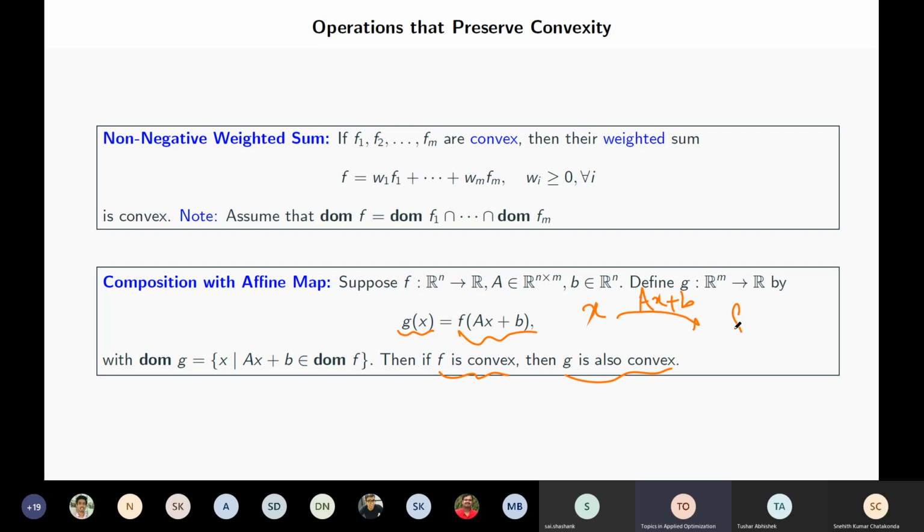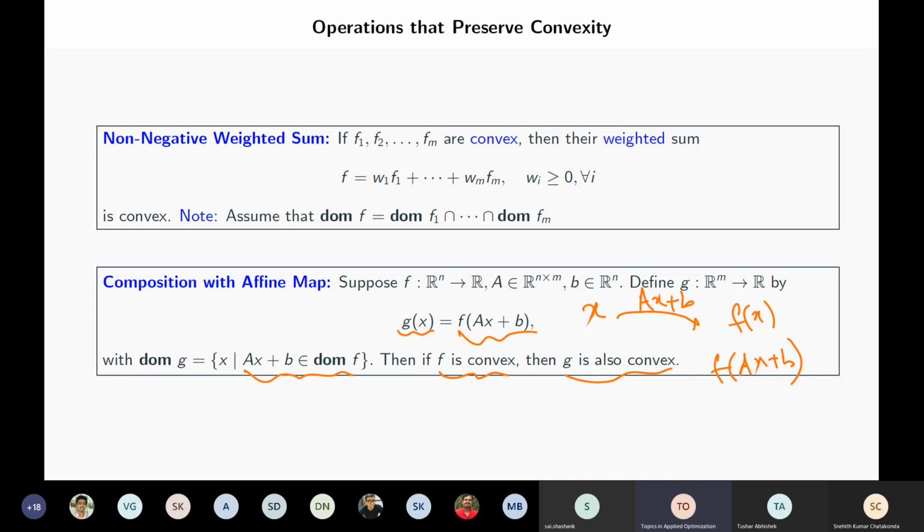If f(x) was convex, then f(Ax plus b) also remains convex. So affine transformations of the domain don't change the convexity of the function. And obviously, Ax plus b must be in the domain. It must be well-defined.